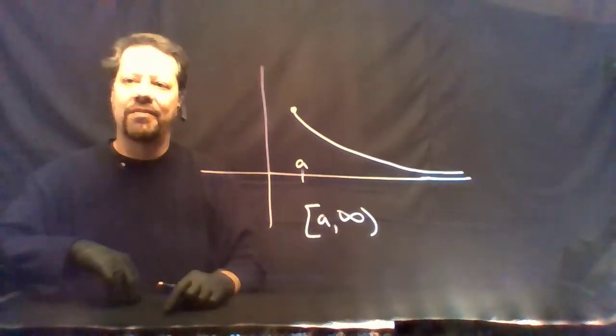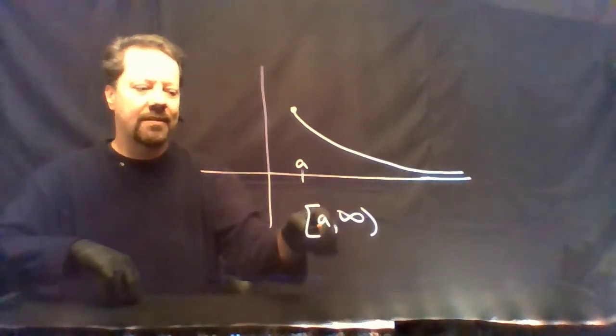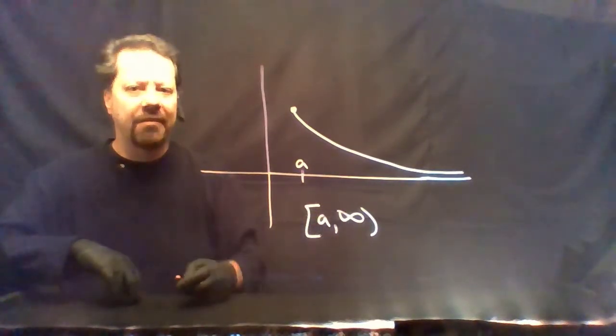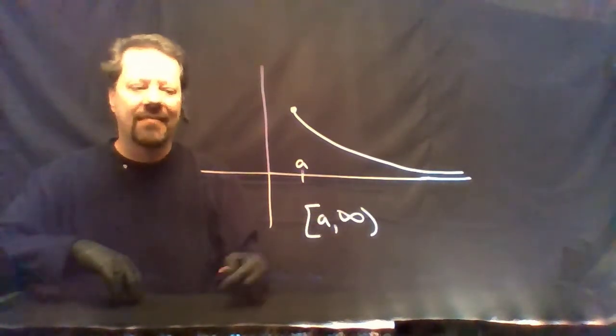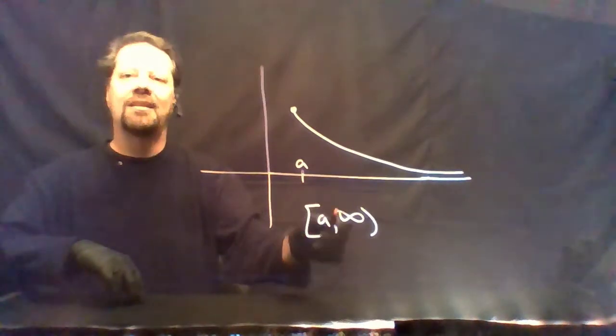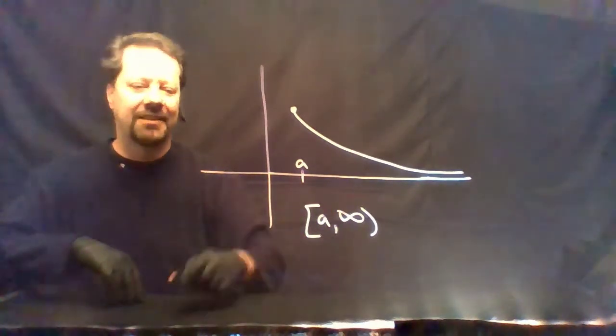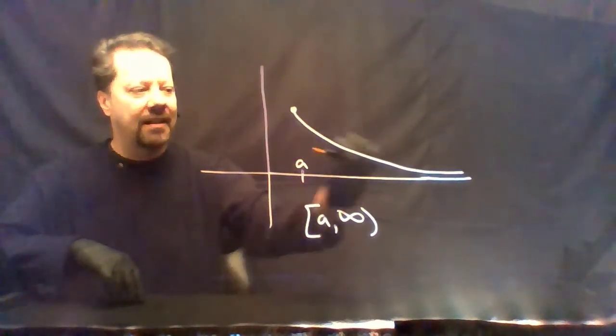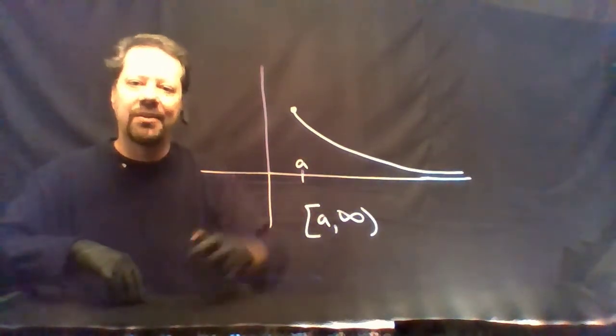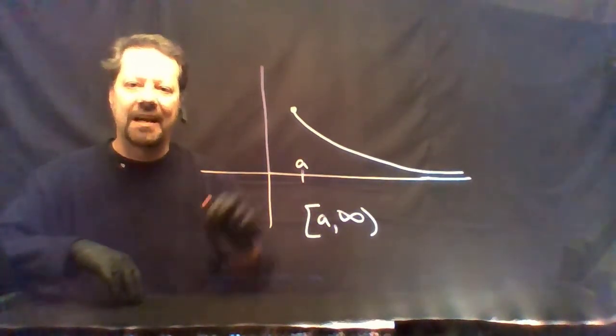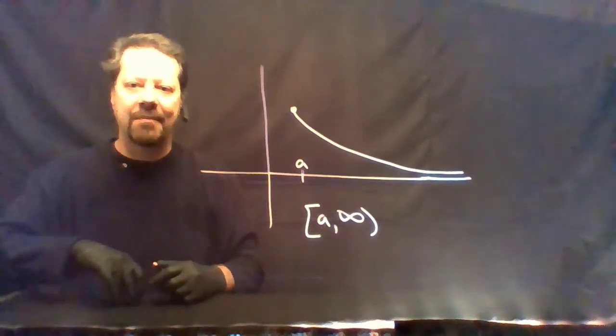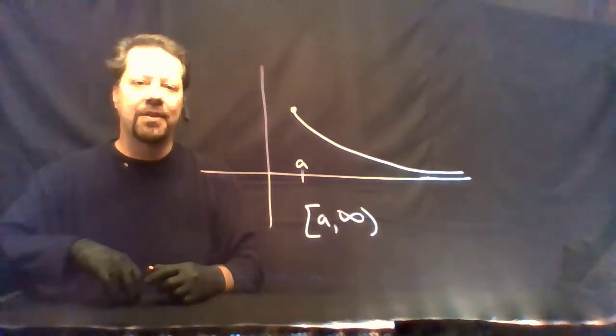The set is closed if it contains all of its boundary points. A is a boundary point, but infinity is not because it's not a point. So this set is still closed, it's just not bounded. The fact that the set is not bounded led to the failure for there to be a point that achieves the absolute minimum for this particular function.